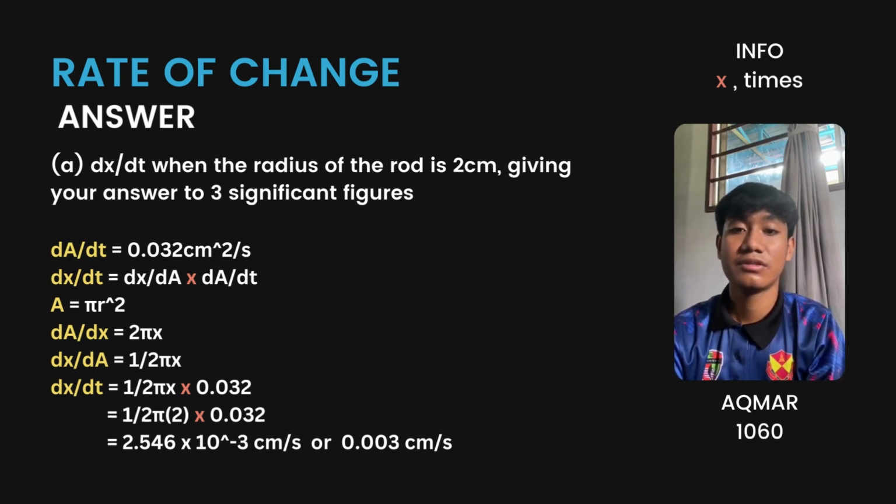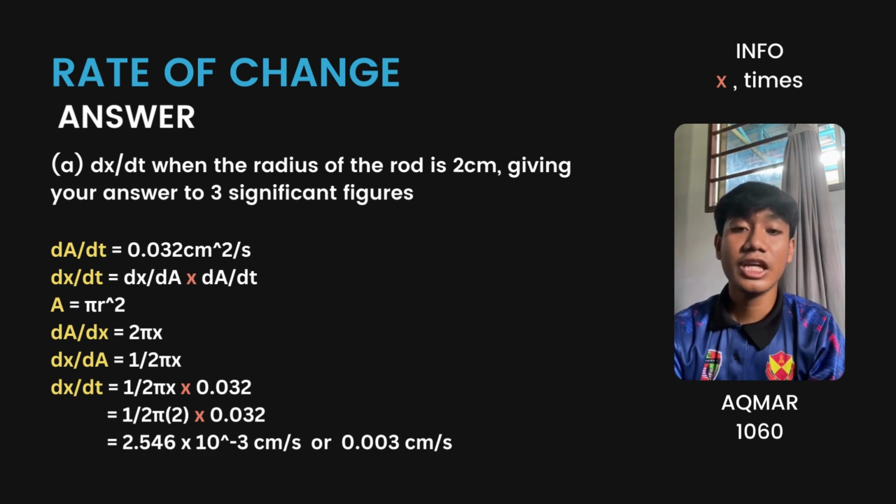08DEP22F1060. So, I want to explain the question of rate of change, question A. So, dA/dt equals 0.032 cm² per second.